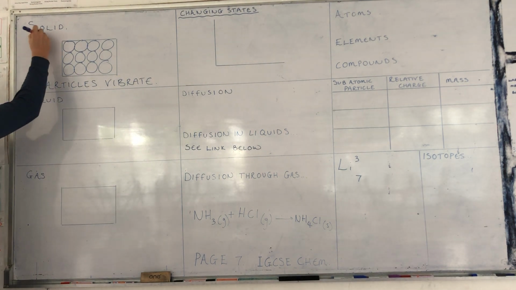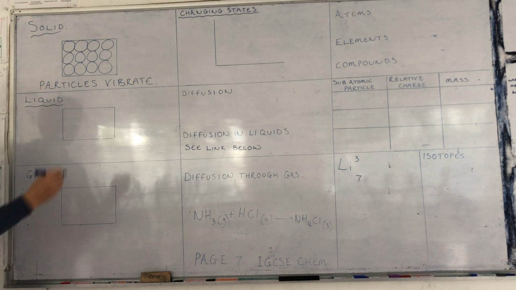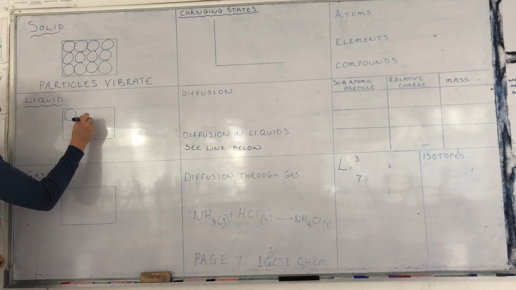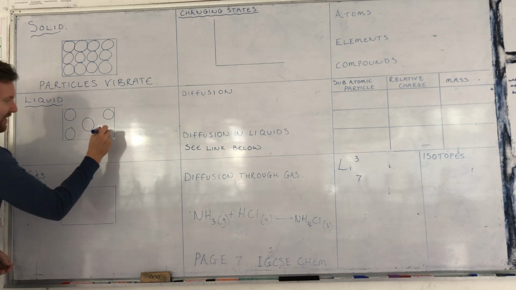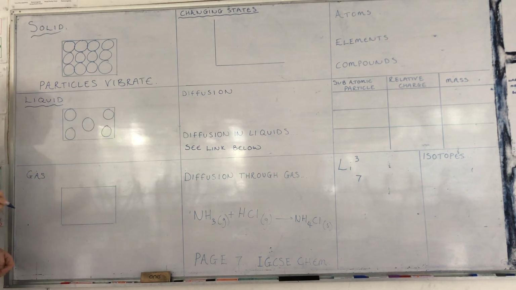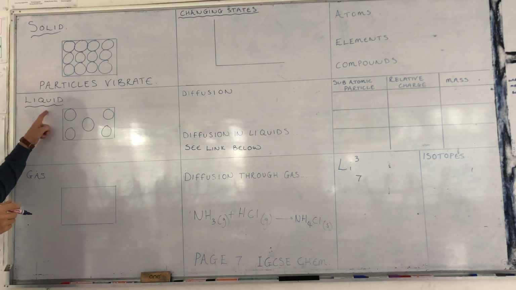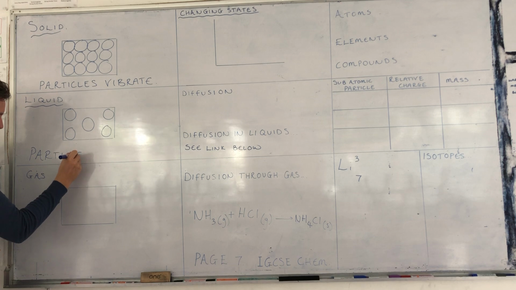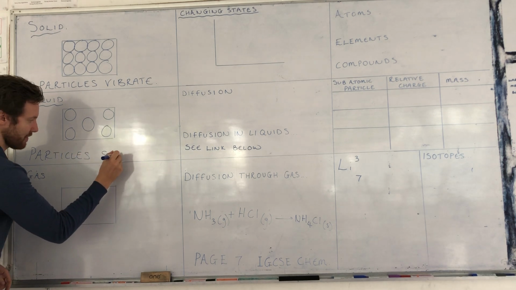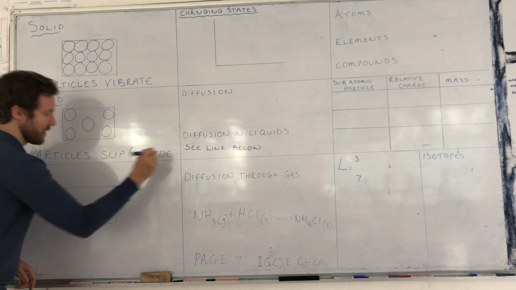From our solid, which was number 1, next to our liquid. Within our liquid, our particles are a little bit more free to move. So the key term we want to be able to relate to the particles within a liquid, nice key term, we state that these particles can slip and slide between each other.